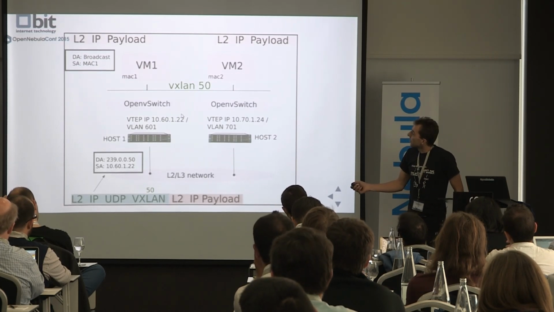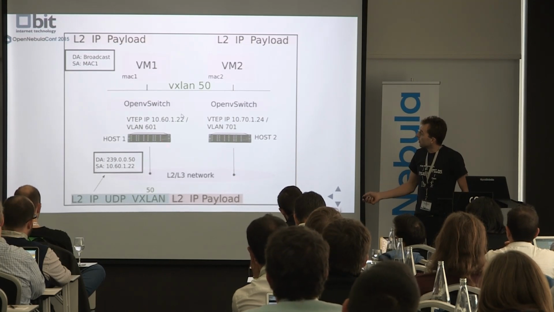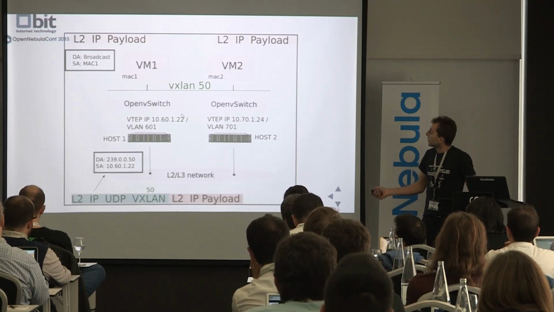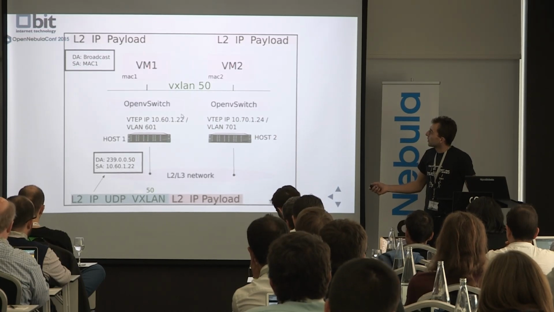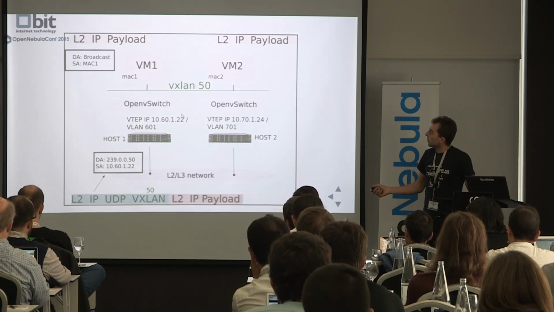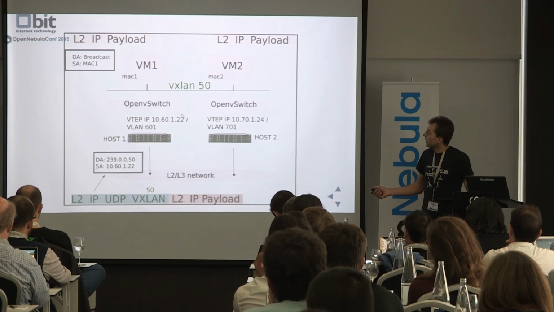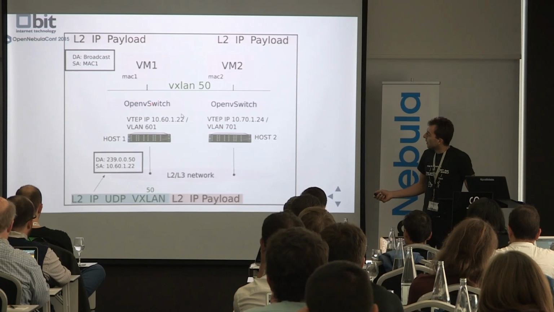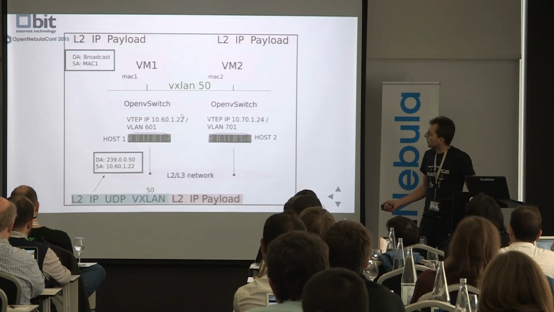There's a virtual machine over here with its MAC address, and we power it up on this host. We do the same for this virtual machine on this host, and this virtual machine wants to talk to this one. First it will generate the broadcast packet, which gets wrapped into UDP, and at that time the host will send an IGMP join to the switch.